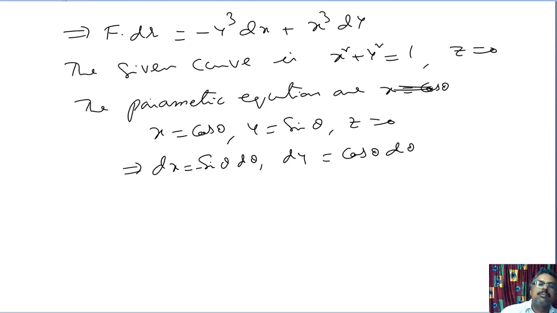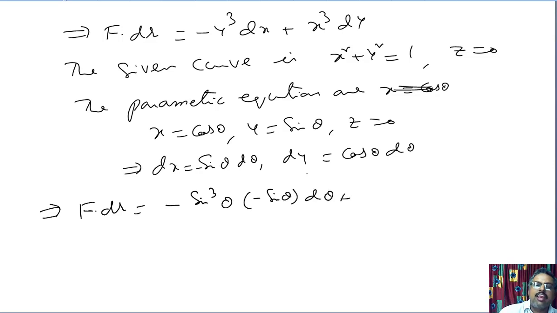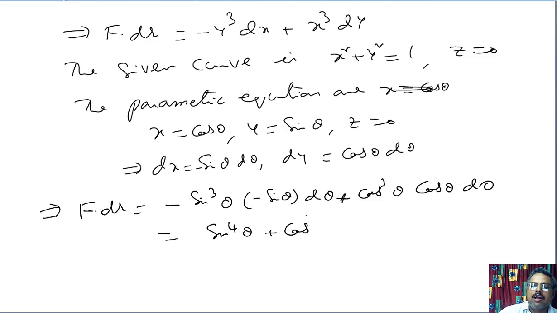Now what about F dot dr? Y cubed gives minus sin cubed theta, and dx is minus sin theta d theta; x cubed is cos cubed theta, and dy is cos theta d theta. So finally we get sin to the power 4 theta plus cos to the power 4 theta d theta.